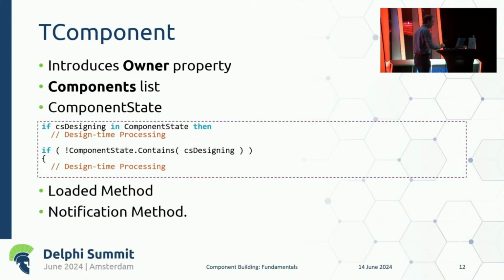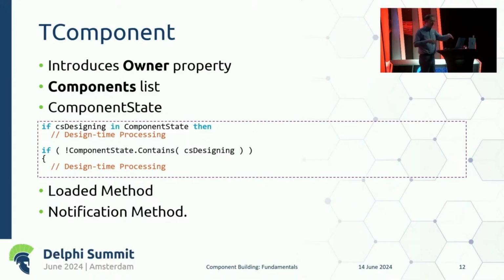And then another key piece, and unfortunately I can't get into a lot, but I'll just mention it of how important it is, the notification method. This is for component references. How many of you have one component that connects to another component through a property? There's a notification that needs to happen when one is ripped out from under the other.